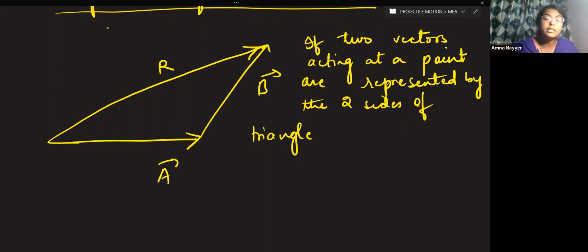But in which order? In the same order. This is a must condition for it. If they are not in the same order, don't use triangle.